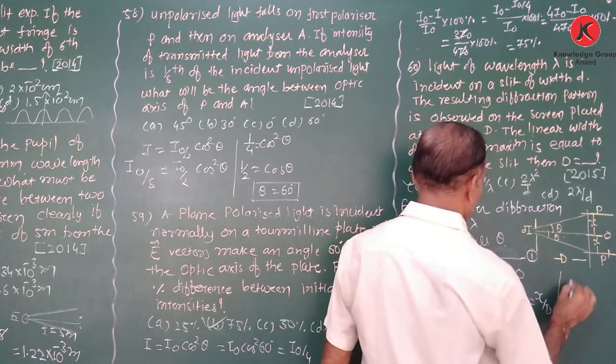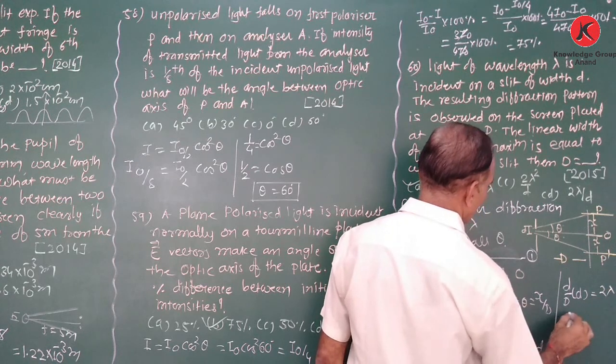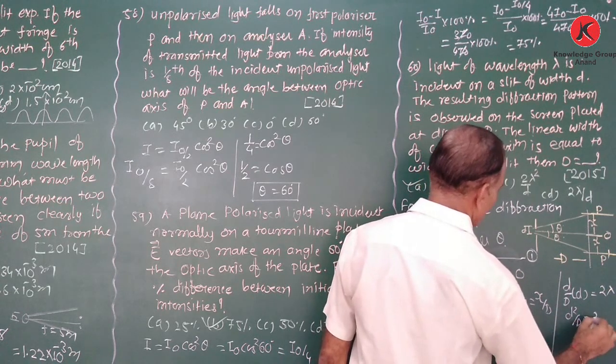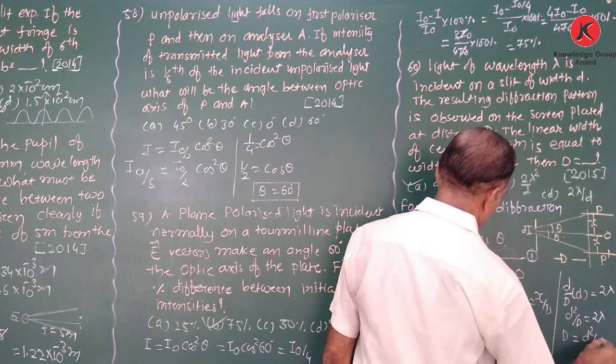Therefore, d upon capital D into small d is equal to 2 lambda. Therefore, d square upon D is equal to 2 lambda. Therefore, D is equal to d square upon 2 lambda.